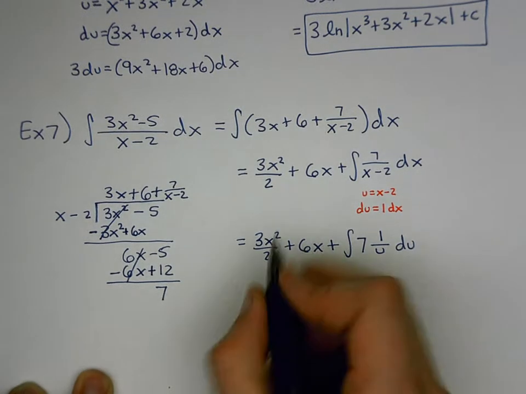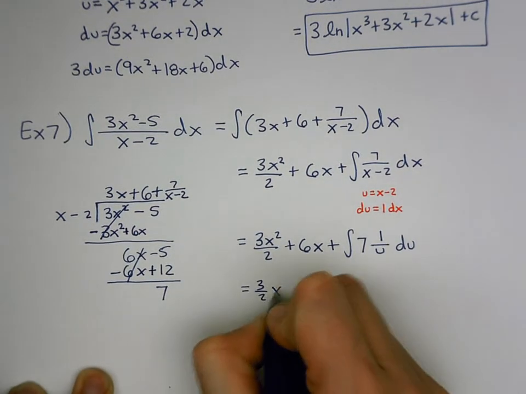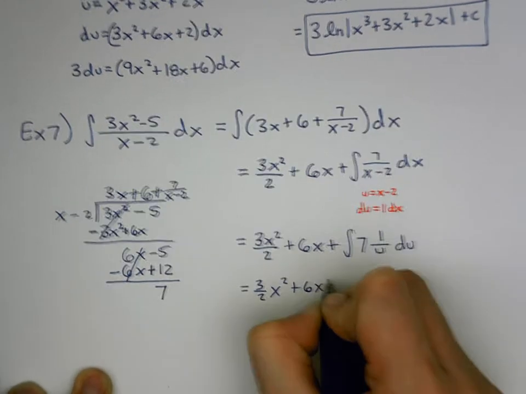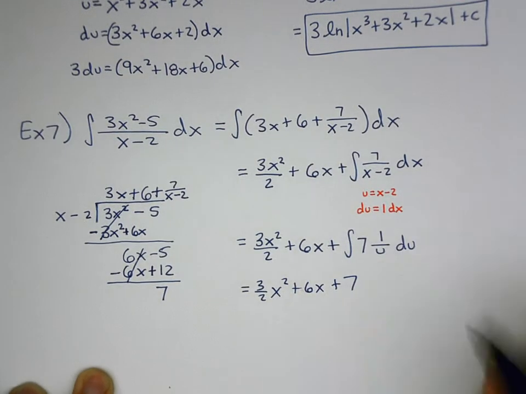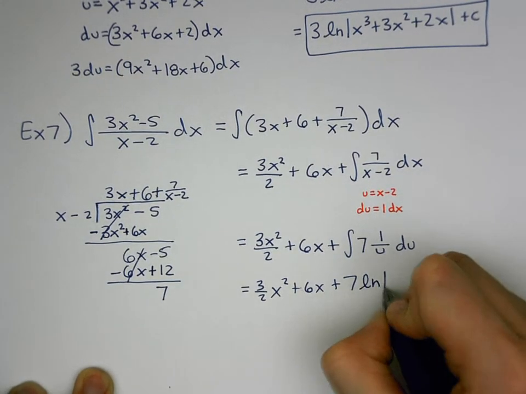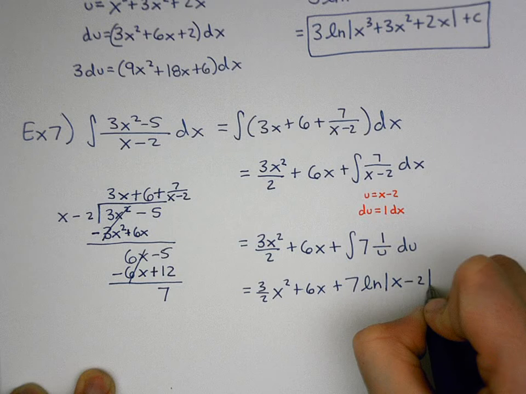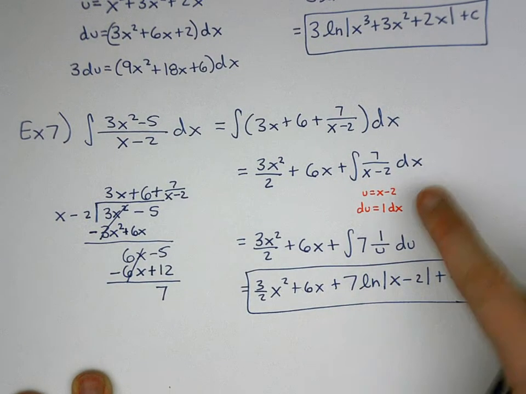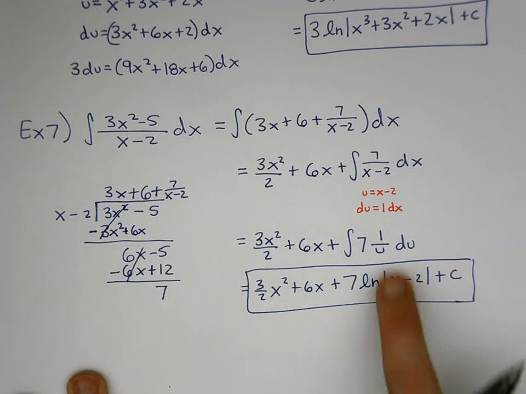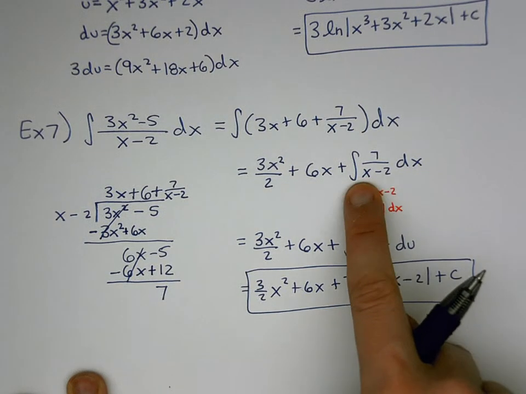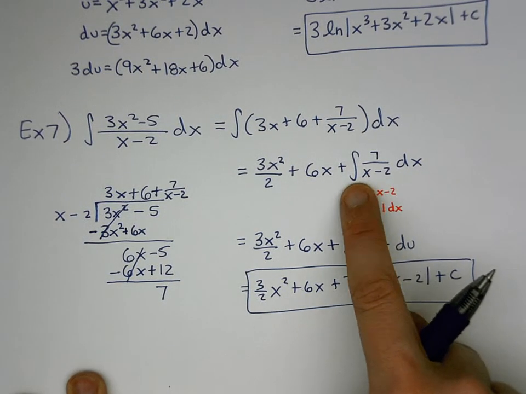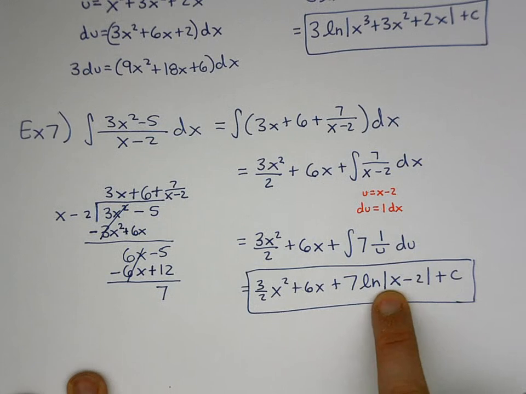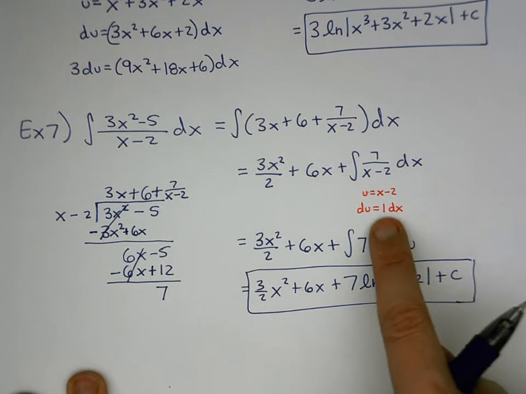And the integral of 1 over u is the natural log of the absolute value of u. So if you look there, this is why we don't necessarily have to show the u/du substitution, right? If I had just looked at this and said the natural log of x minus 2, I still would have gotten the same answer. Only, again, because my du is 1.